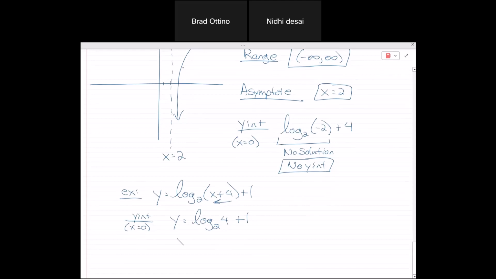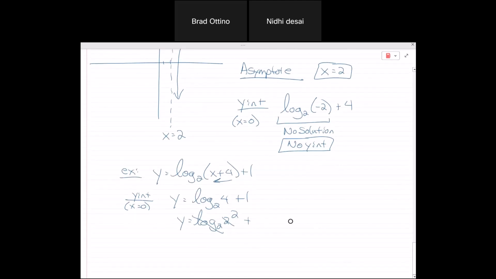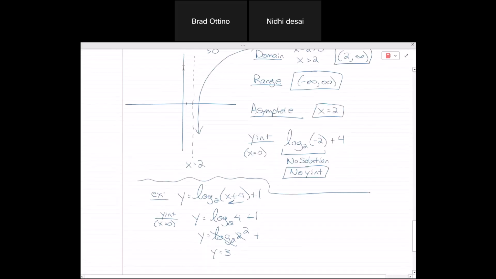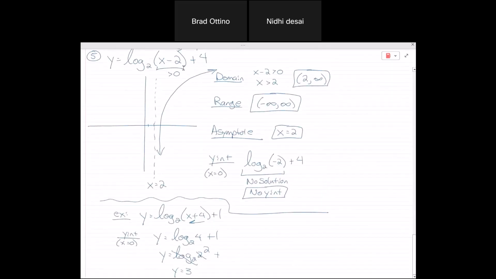We know that 4 is really just 2 to the second power. So the y-intercept for this graph would just be 2 plus 1 is 3. Okay, obviously that's a totally different problem. I just want to make sure that you know how to handle those. So that's graphing log equations.